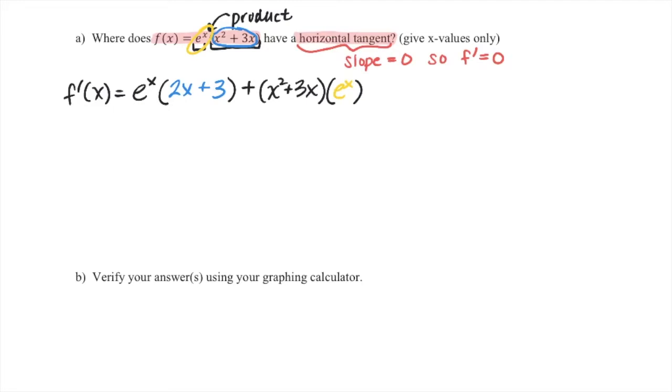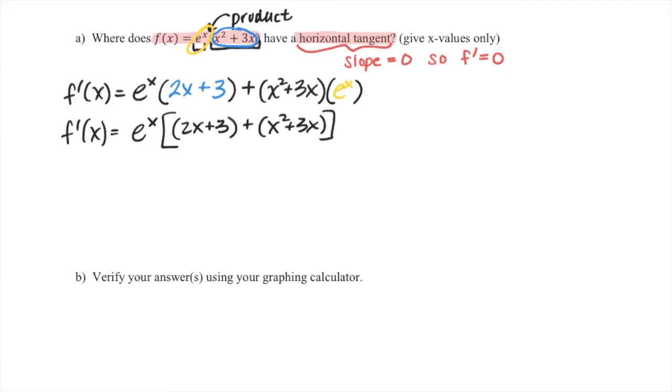Now let's work to simplify this a bit. And hopefully you notice that we have a greatest common factor of e to the x. So let's factor out an e to the x here. And if we do that, we will be left with 2x plus 3 from the first term times x squared plus 3x from the second term.